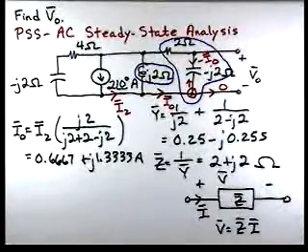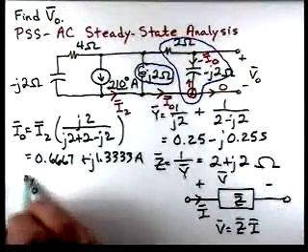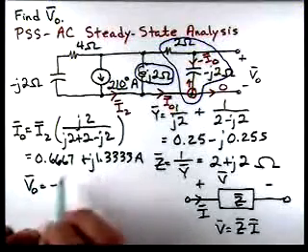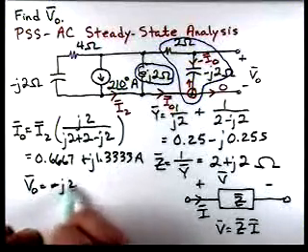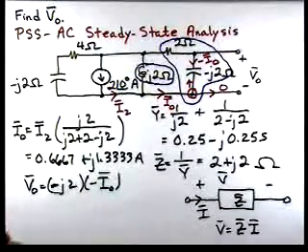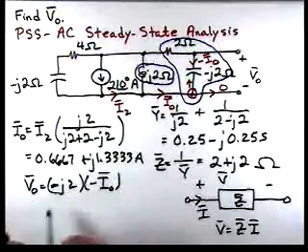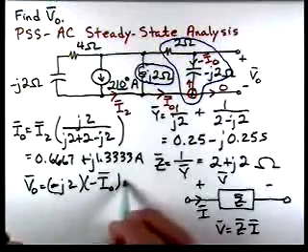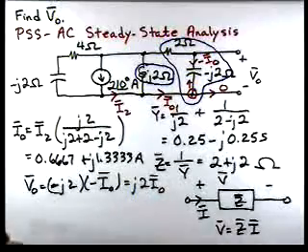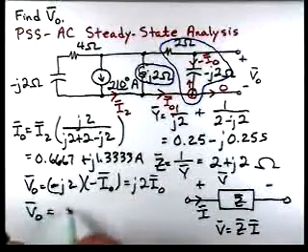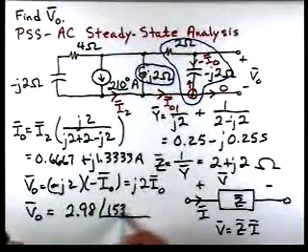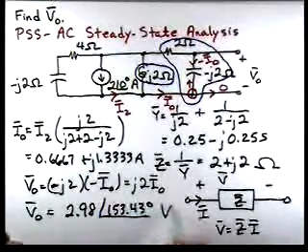So V0 is minus j2 times minus I0. So that's really j2 times I0, and V0 then turns out to be 2.98 at an angle of 153.43 degrees.